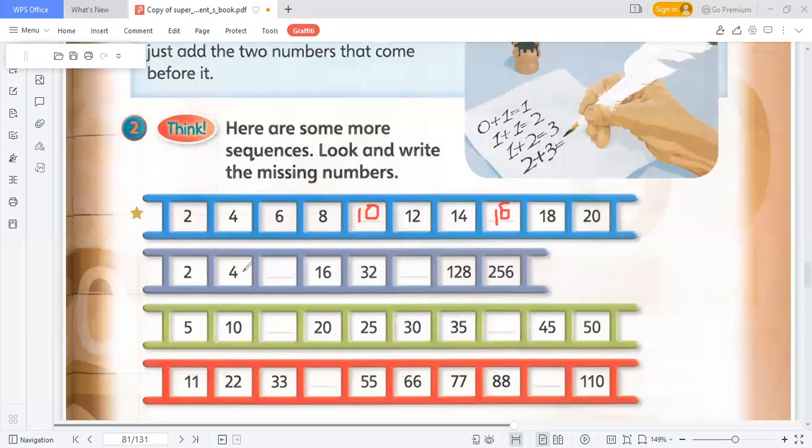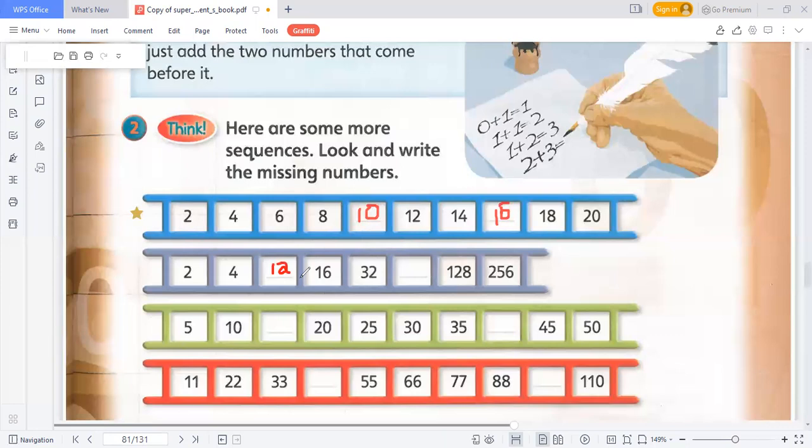Yes. If we're going to put 12 here, do you think the next number for 12 is 16? Okay, it says that we just have to add. Remember, we just have to add the numbers right there.